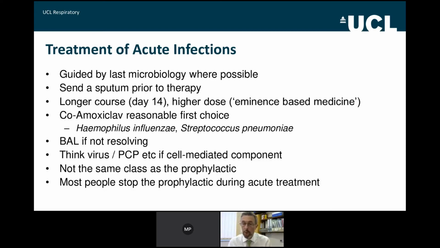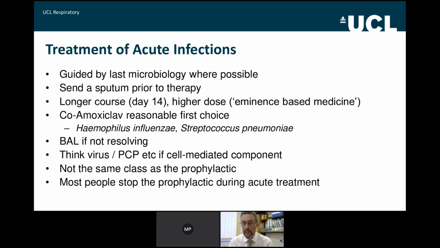And just a word first about acute infections. Actually, this is pretty much the same as it would be for the diagnosis and treatment of acute lower respiratory tract infections in someone without primary antibody deficiency. If possible, we'd like to guide our treatment using specimens, so previous culture of sputum, for example, or we might consider obtaining specimens in an infection that's been proving difficult to treat or unusual or resistant.